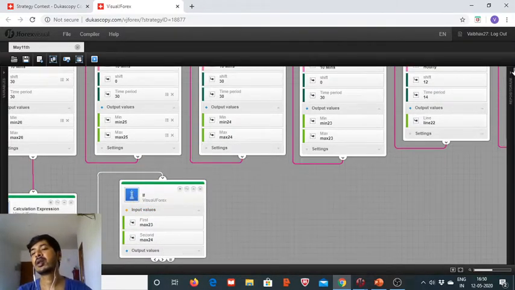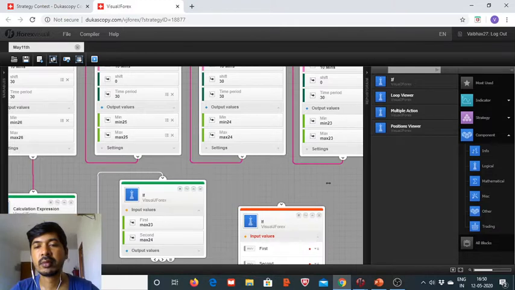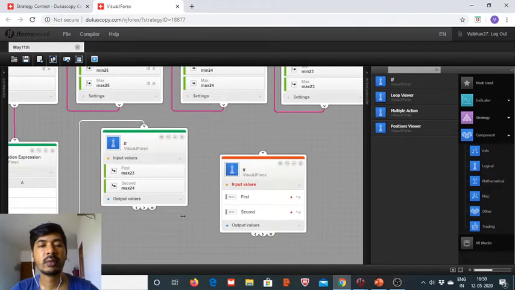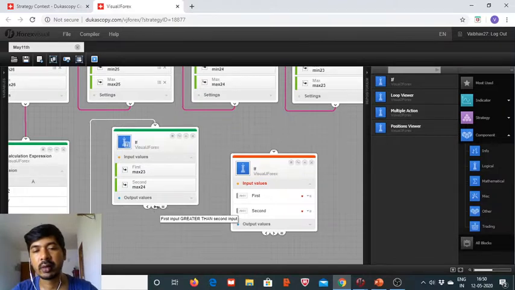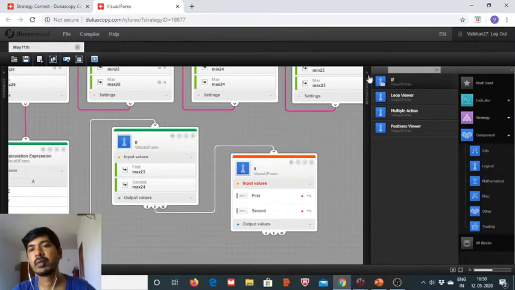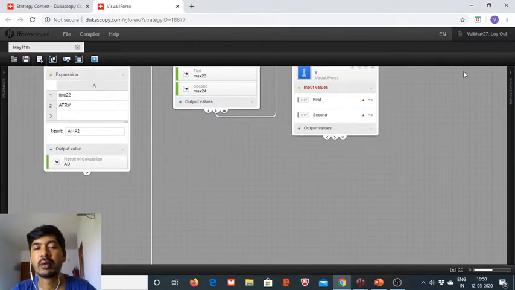We take in one more if requirement, maxima 23 should be greater than maxima 24. Okay.